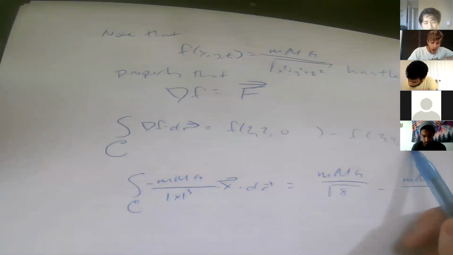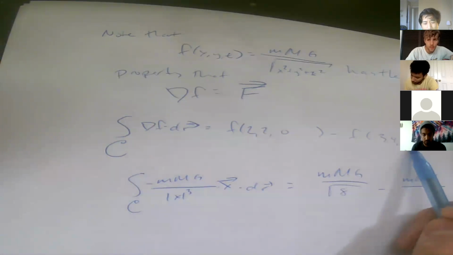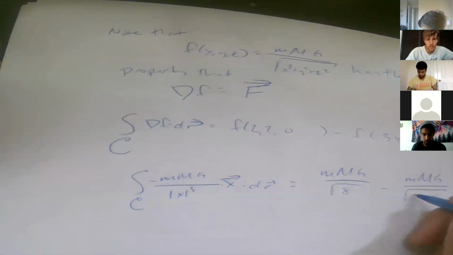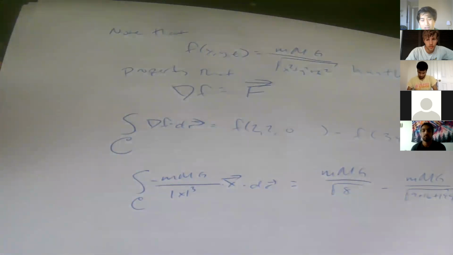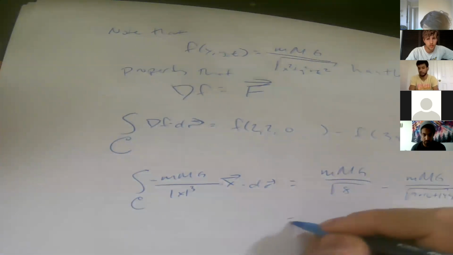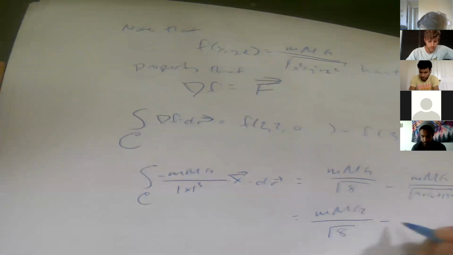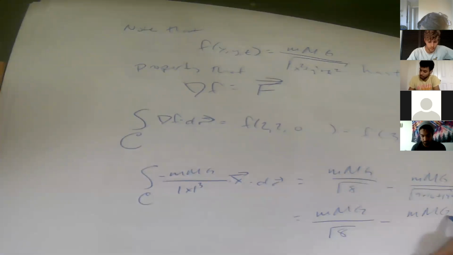I think that's a Pythagorean triple. Well, square root of 9 plus 16 plus 144. I think that's 13 squared. Yes, 13. So mMG over square root of 8 minus mMG over 13.